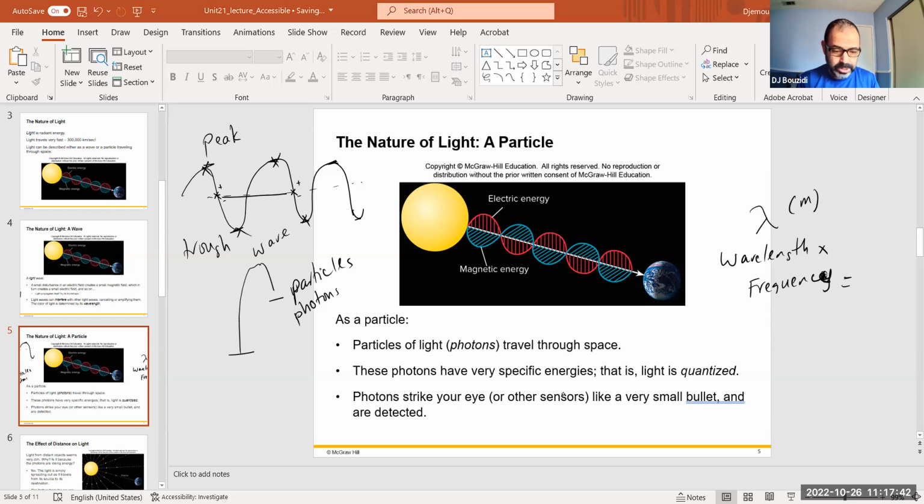Or I could go on the same ocean, rent a boat, and be sitting on the boat, and the boat will go up and down. It's going to bob up and down, okay? And if I count how many times I go up and down in 1 second, that is a frequency. So the number of oscillations in 1 second, it's a number, okay?